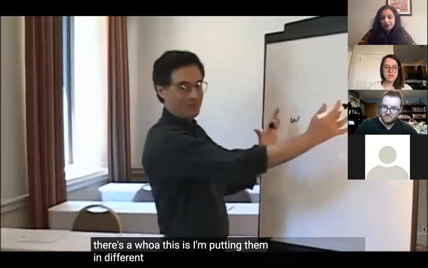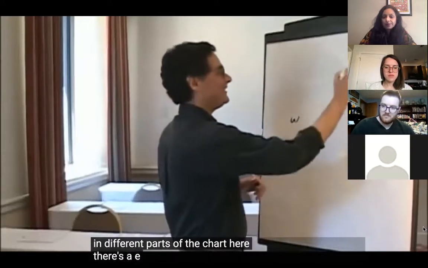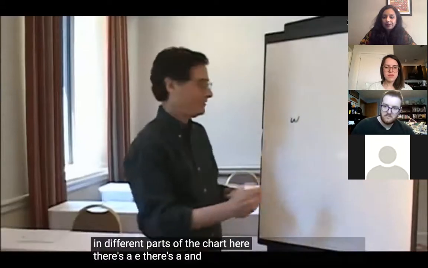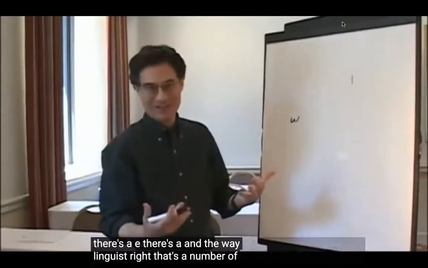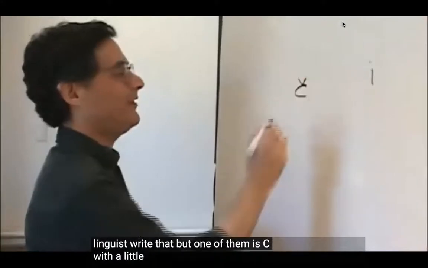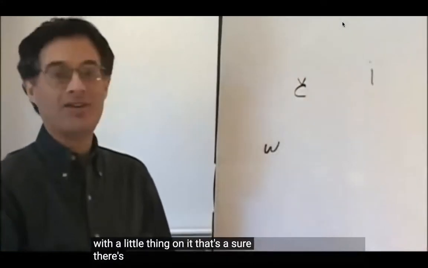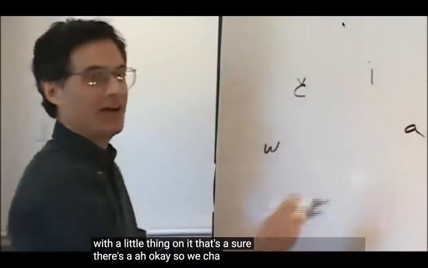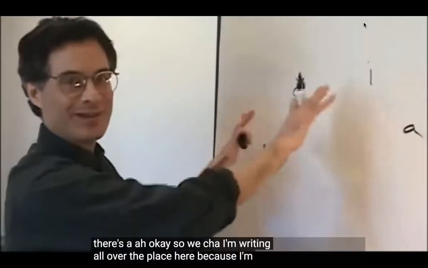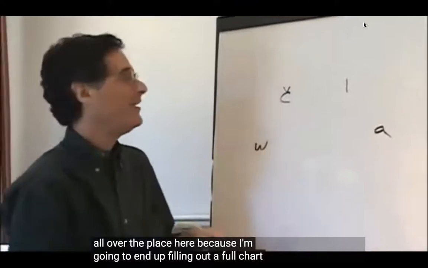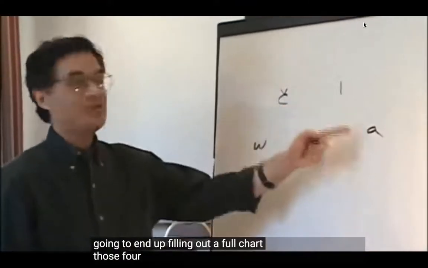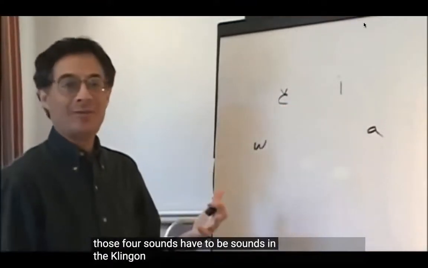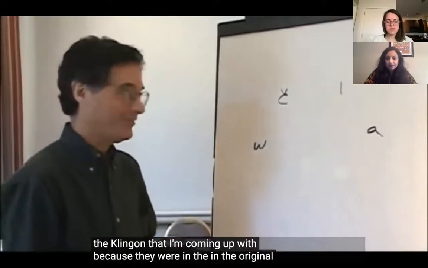I'm putting them in different parts of the chart here. There's an e. There's a ch, and one of the ways linguists write that is C with a little thing on it. There's an ah. Okay, so we cha. I'm writing them all over the place here because I'm going to end up filling out a full chart. Those 4 sounds have to be sounds in the Klingon that I'm coming up with, because they were in the original film.